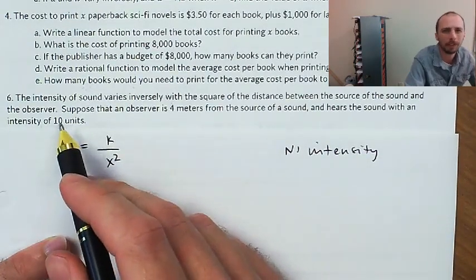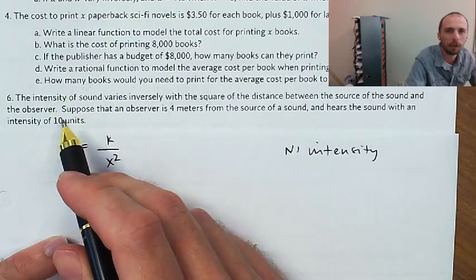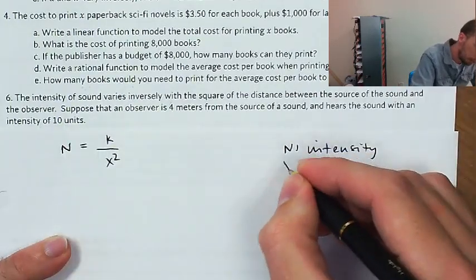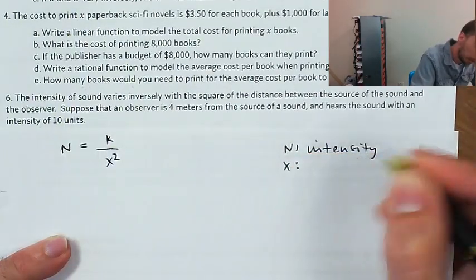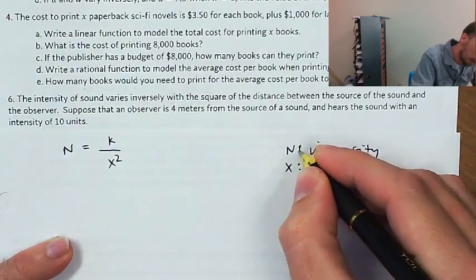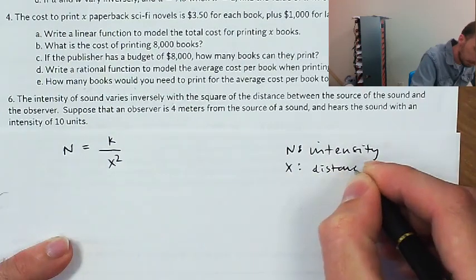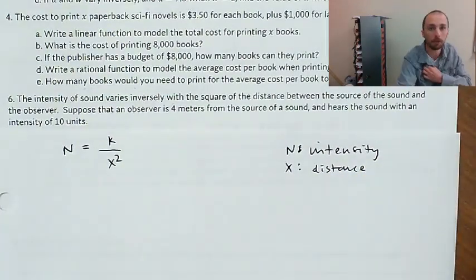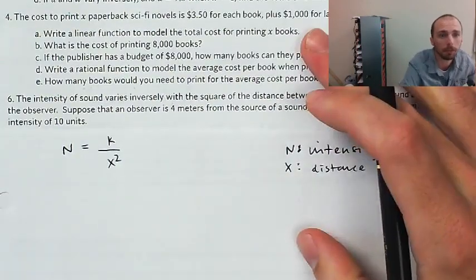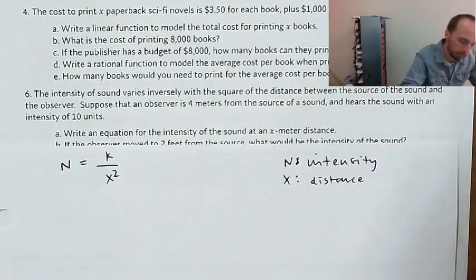The true nature of intensity of sound got me confused when I was reading up on it to write this problem, so I just decided to call it units. And x is distance. We'll figure out what we're measuring distance in as we move on. In meters.